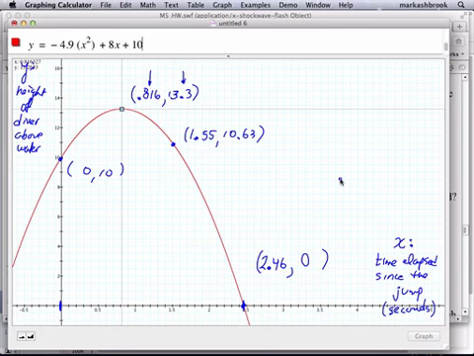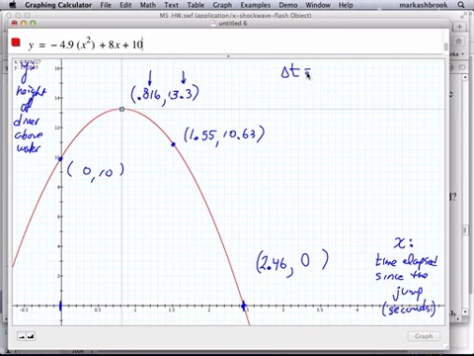All right. So, I asked a question, how long does it take for her to reach the highest point? 0.816 seconds it would take to reach the highest point. How long does it take from the highest point to hitting the water? How much time from the highest point to reach the water? Are we going to look at x values or y values? X values.